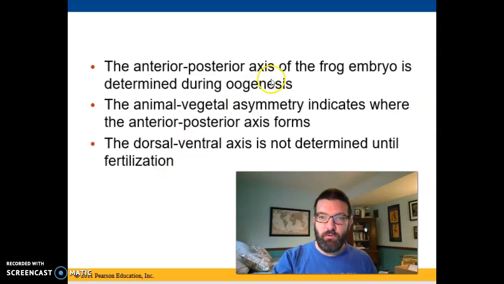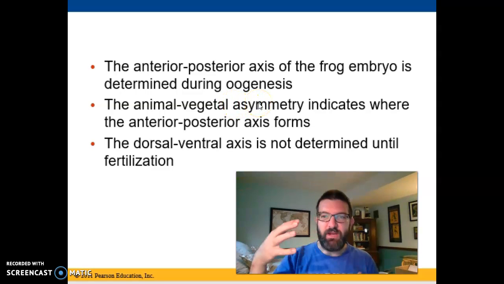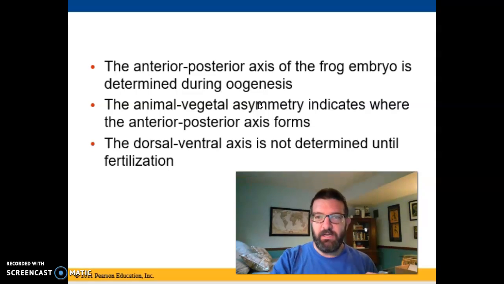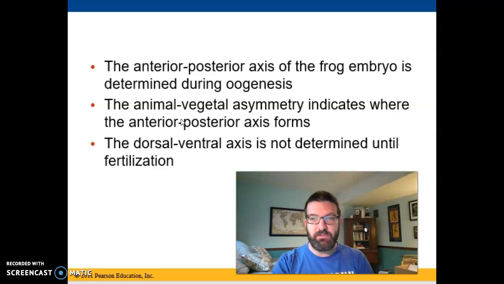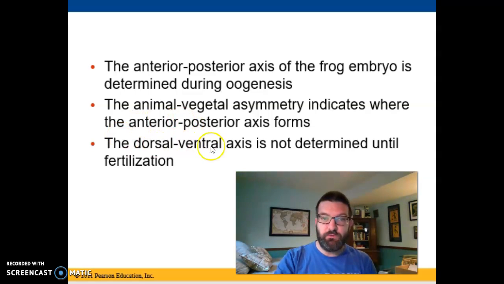And these axes are formed, again, early, like anterior-posterior is formed during oogenesis. And the animal-vegetal asymmetry, those two different ends of the egg, which show different patterns of mitosis, indicate where the anterior-posterior axis is going to form. The dorsal-ventral axis is formed still pretty early, but not until after fertilization, rather than just when you're an egg, pre-fertilization.